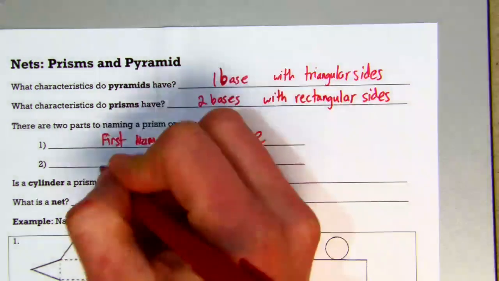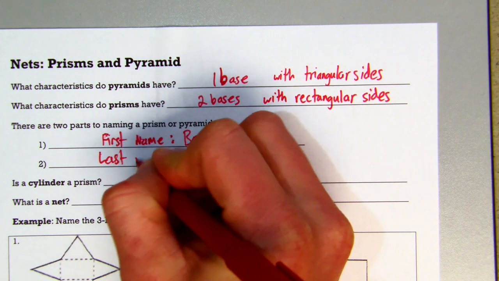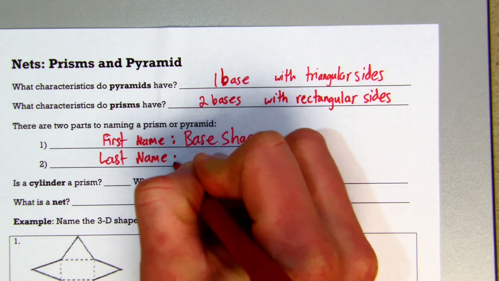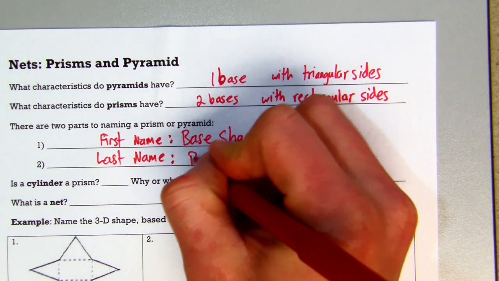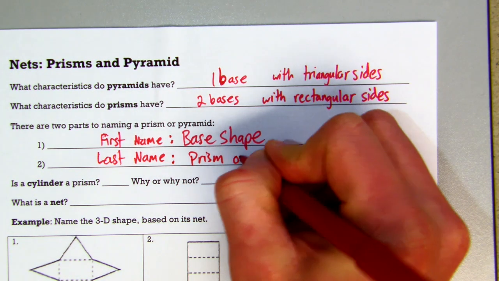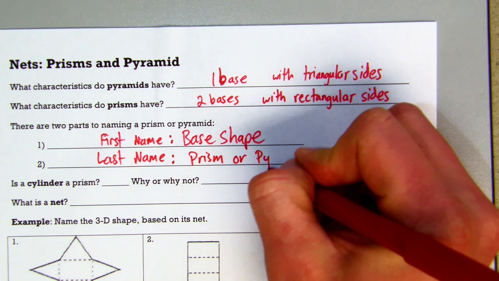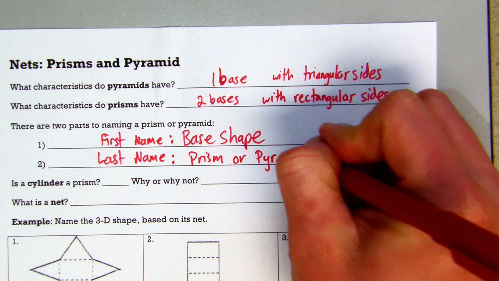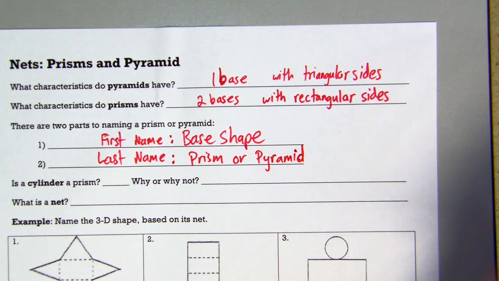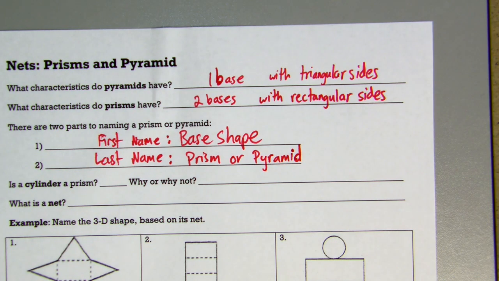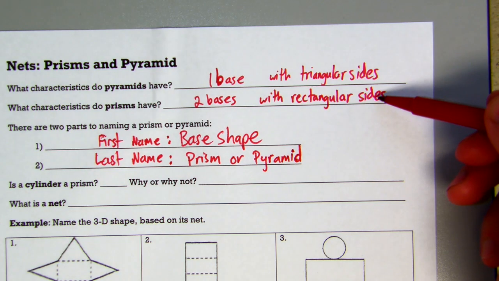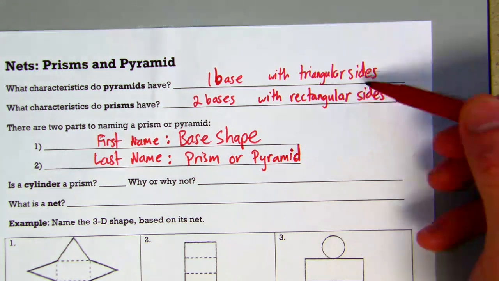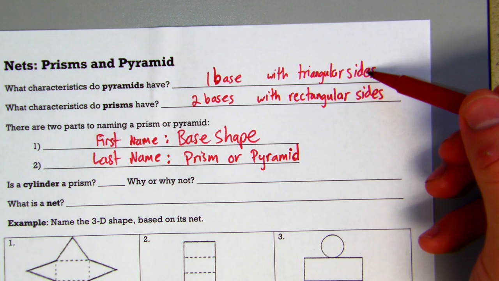And then our second name, or we could say our last name, is going to be prism or pyramid. By having a last name of prism, I know that the sides are going to be rectangular, and by having a last name of pyramid, I know that the sides are going to be triangular.